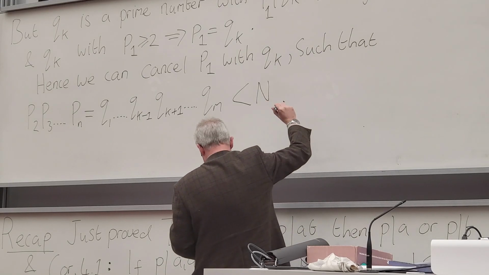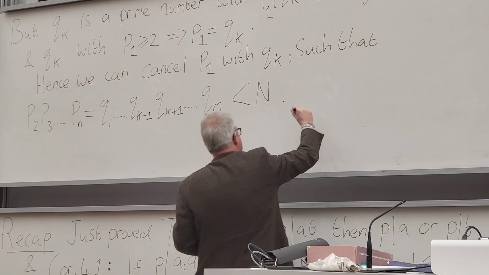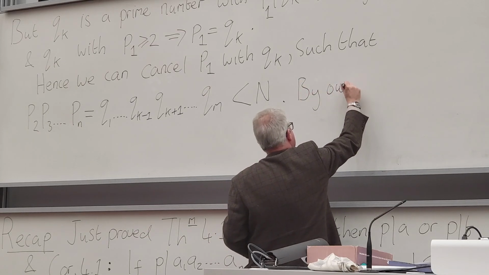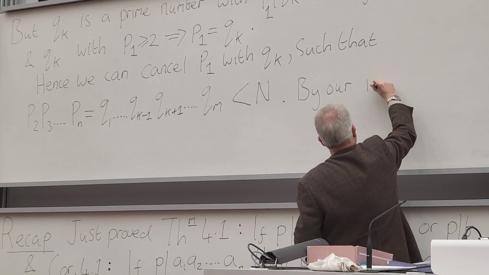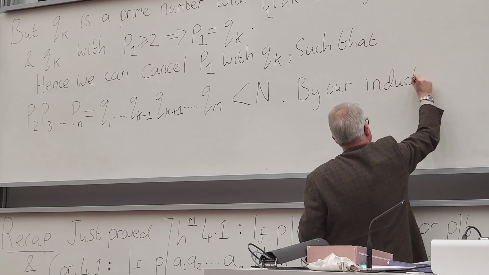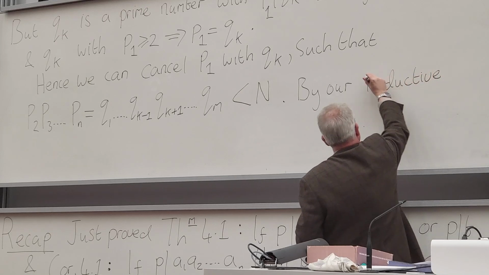So by our inductive hypothesis, we have to have that the P2 to Pn are the remaining Qj in some order.